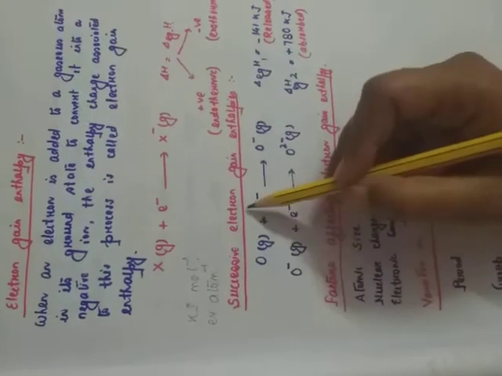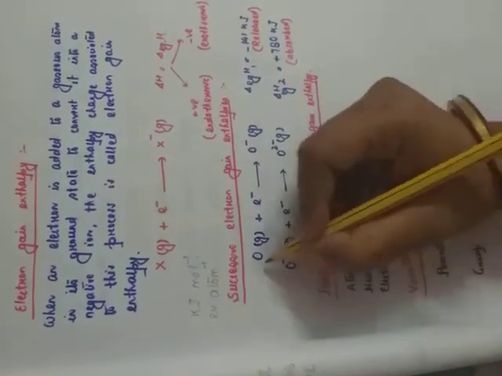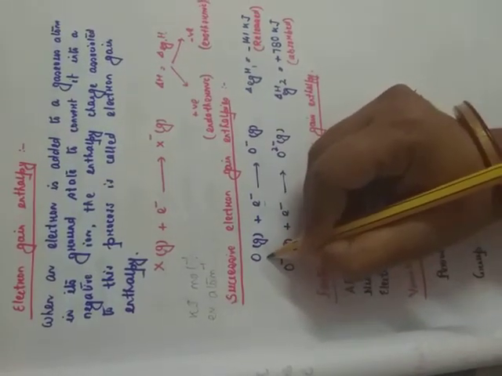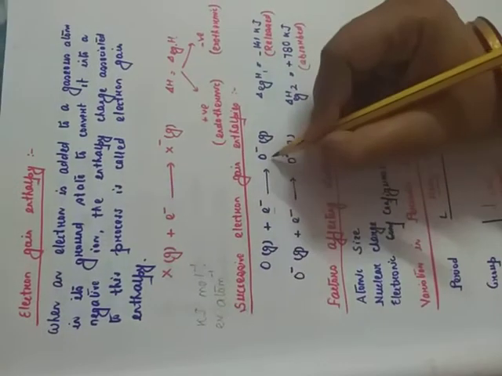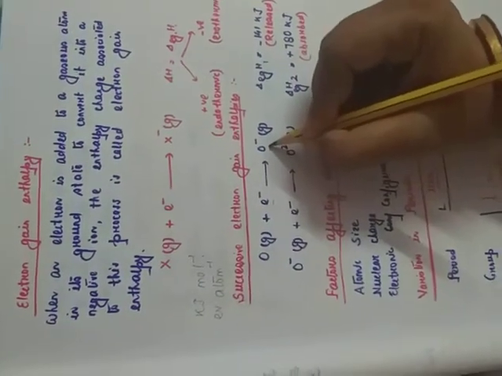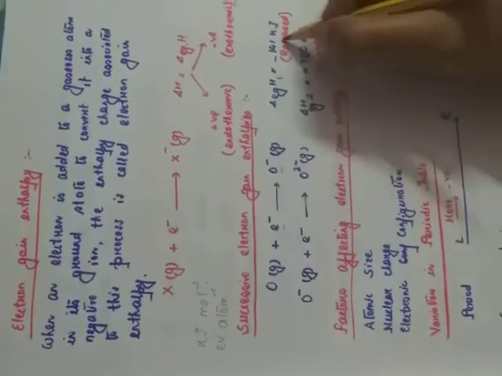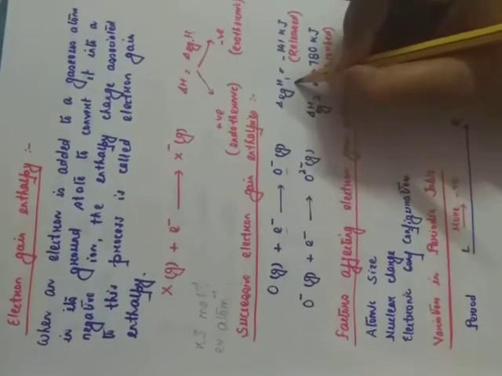We have again the successive electron gain enthalpy. That is, when a single electron is added to the valence shell of an isolated gaseous atom, it forms a univalent anion, and whatever amount of energy is released in doing so is the first electron gain enthalpy.